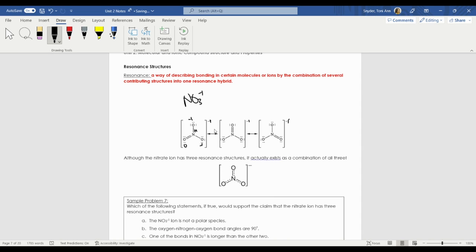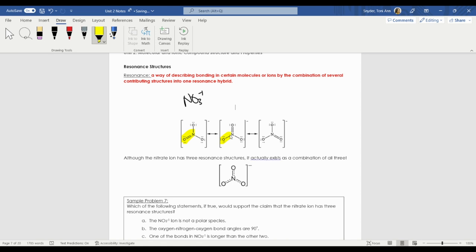Anyway, I'm going to delete these things here, I just wanted to show you that quick. If you look at all of these structures, they look like they're the same molecule, but they're not. These 3 resonance structures are 3 different representations of the same exact molecule. If I just consider this bond right here, in this molecule it is a double bond.